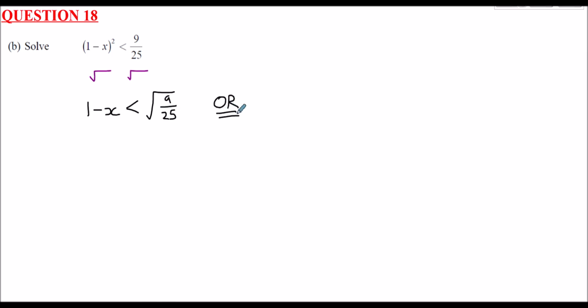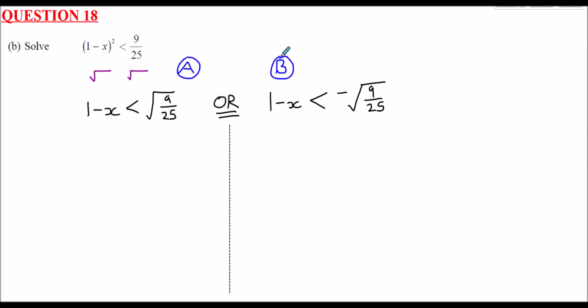Or we could have maybe 1 minus x is less than the negative square root of 9 over 25. So actually, we've got two different scenarios going off here. So this is option A, or over here we have scenario B.